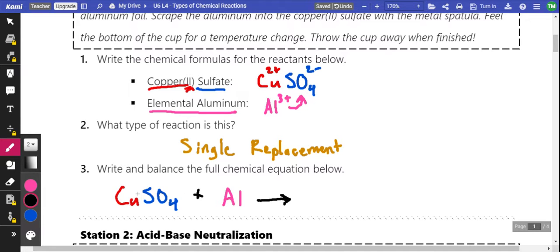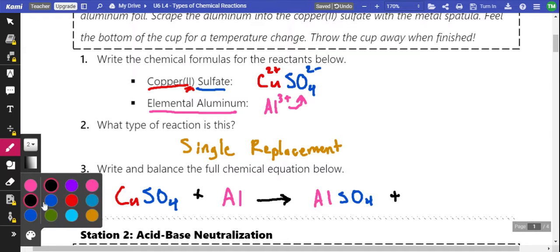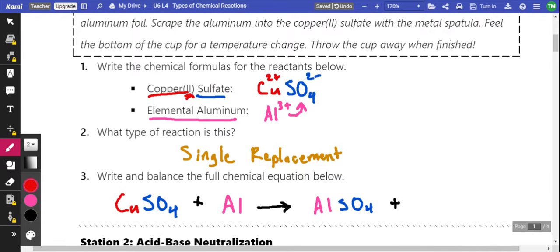Again, we are expecting our aluminum to go hang out with the sulfate. So I'm going to pair them up. Al is going to be with the SO4. Now, I'm not sure if that makes a happy compound yet, so I'll have to come back to that. But for now, let's just write the rest of the baseline of this.